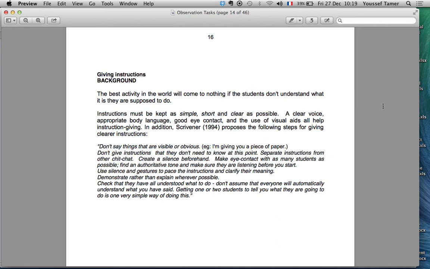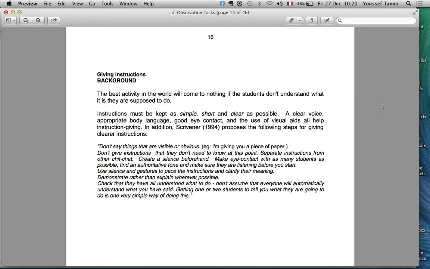In addition, Scribner, 1994, proposes the following steps for giving clear instructions. Don't say things that are visible or obvious. Example, I'm giving you a piece of paper. Okay, it happens sometimes when you are too busy. You can never avoid it completely, but you should pay attention not to say that.